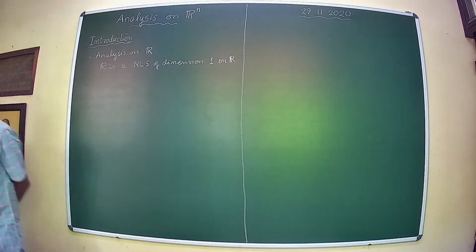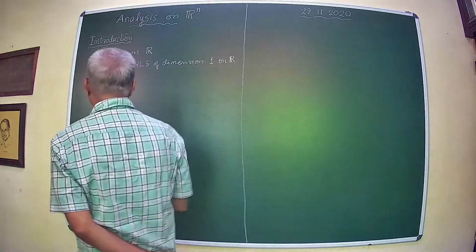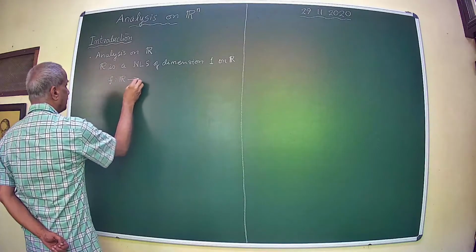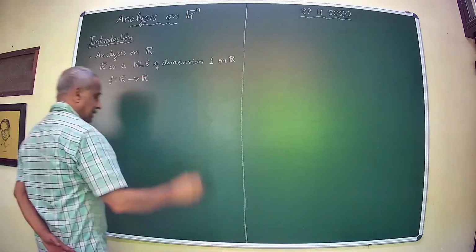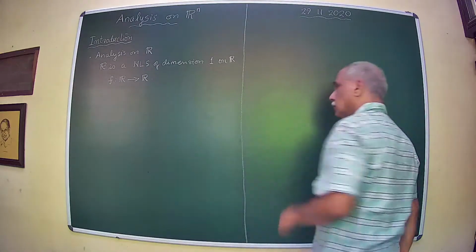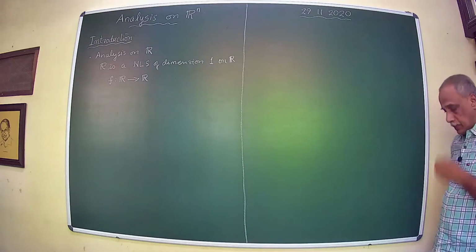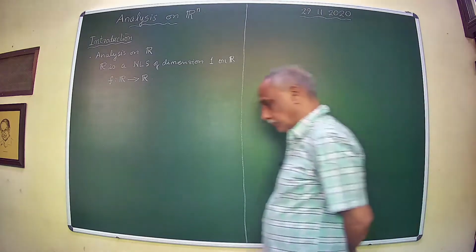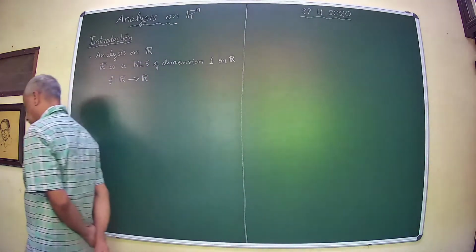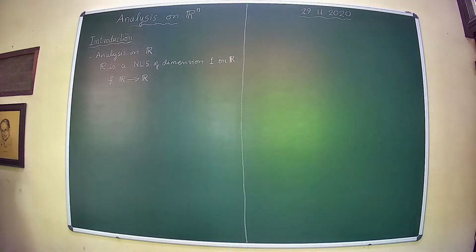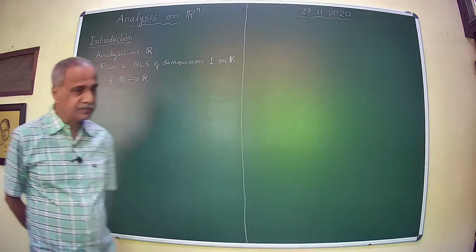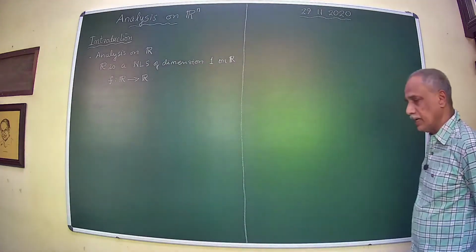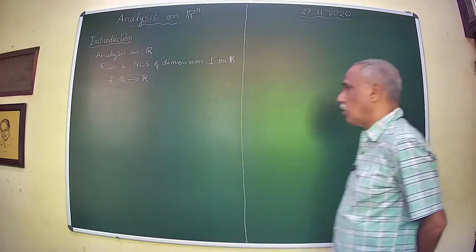Now we are interested to look at mappings from R to R. And we had the concept of what is called continuity, differentiability, then smoothness, then we had the ultimate level of smoothness, namely analyticity. So all these things were there.